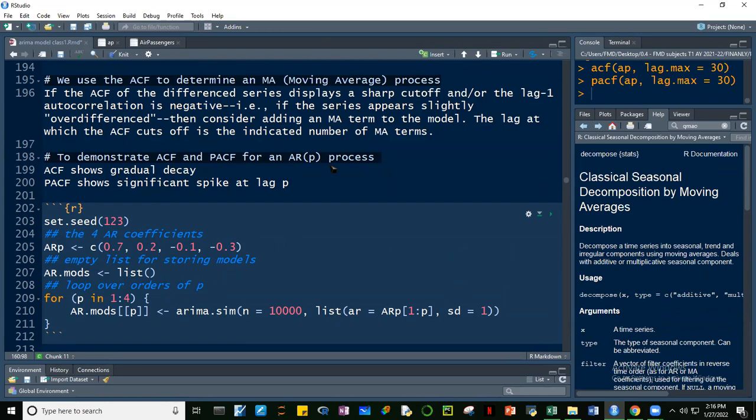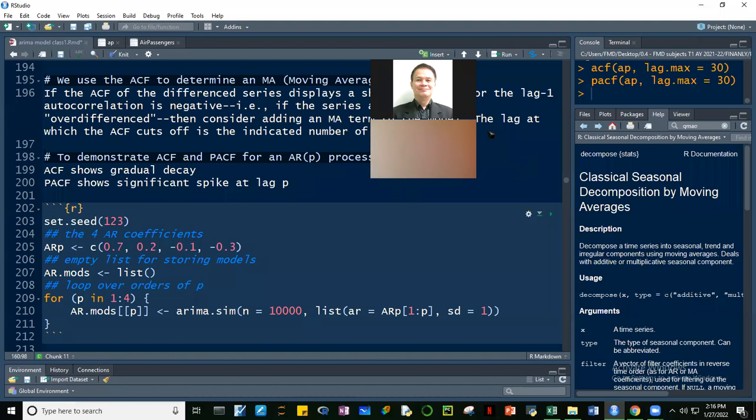Nagbigay na nga actually ako ng notes dito, yung paano natin malalaman kung AR yung process using the ACF and PACF. Ito yun guys, oh. Kunyari, stationary na yung data natin, tapos plinot natin yung ACF and PACF. Paano mo malalaman guys kung AR process?